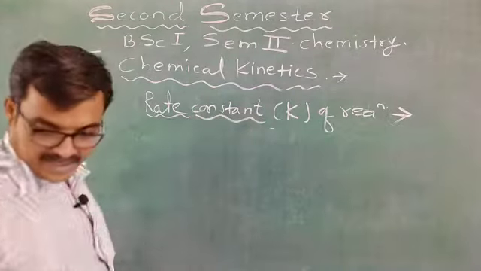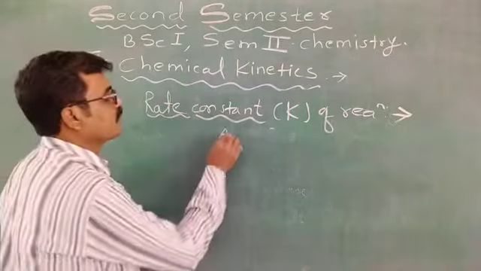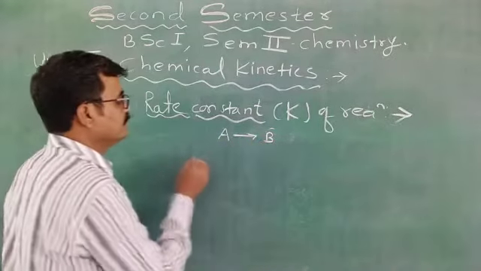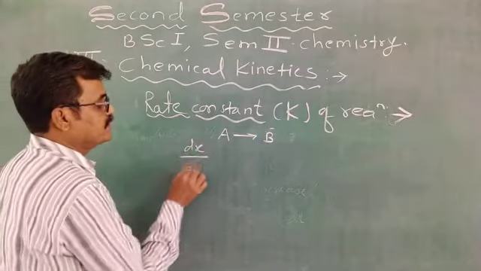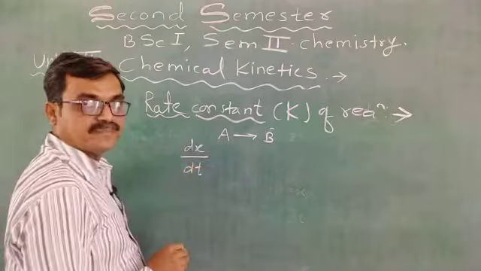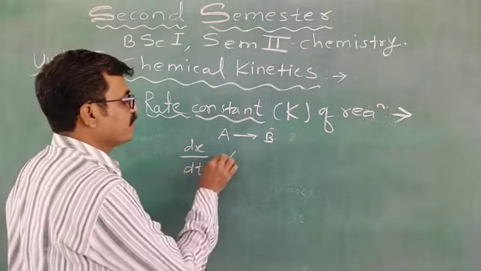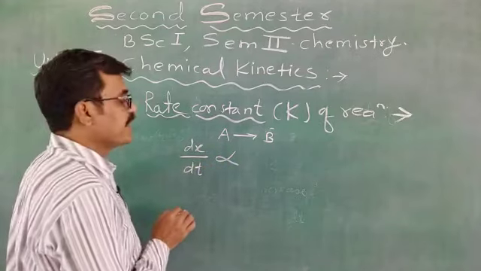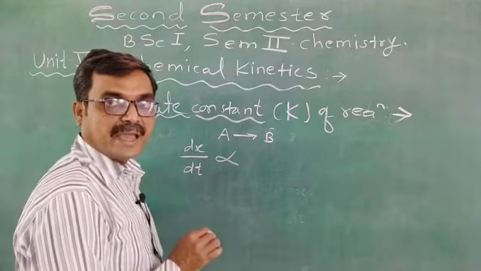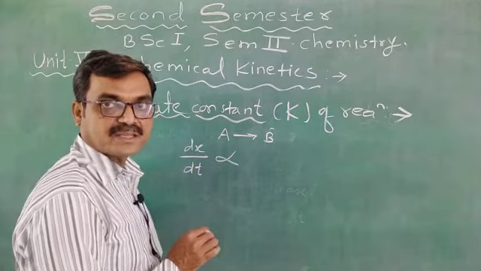For such a general reaction, A gives product, the rate of reaction is dx by dt, and according to the law of mass action, this rate is directly proportional to the active masses of the reactant.